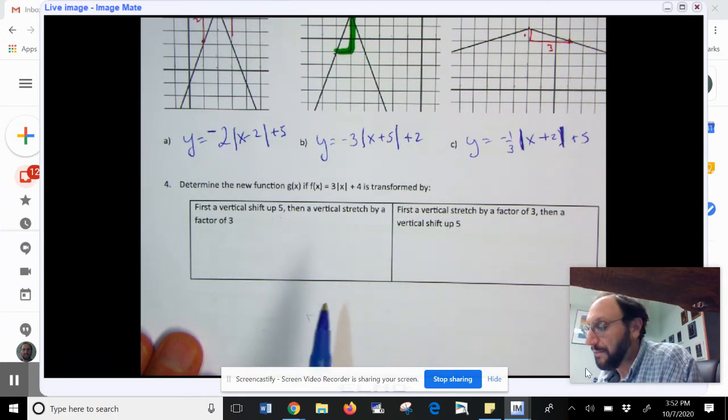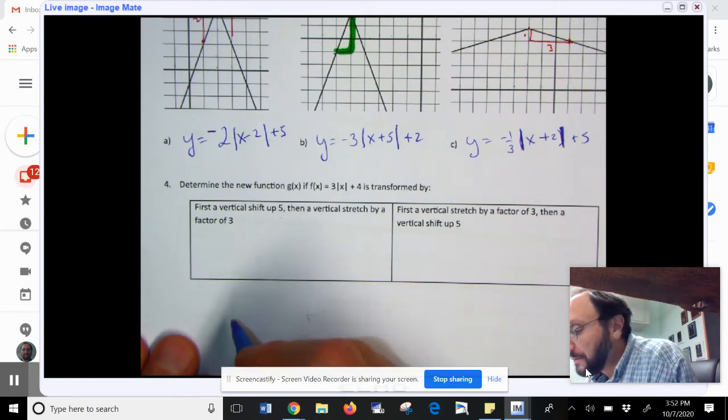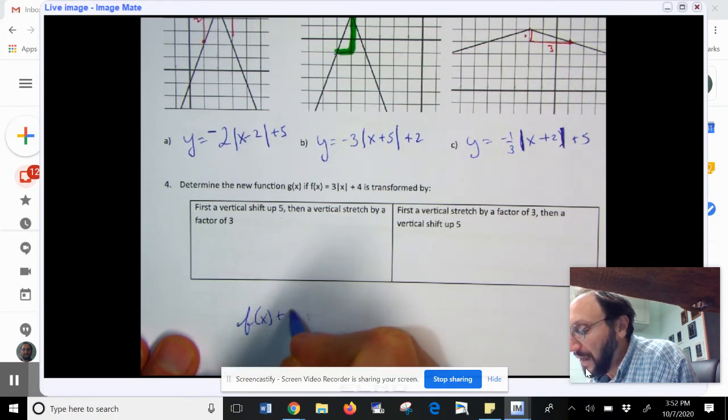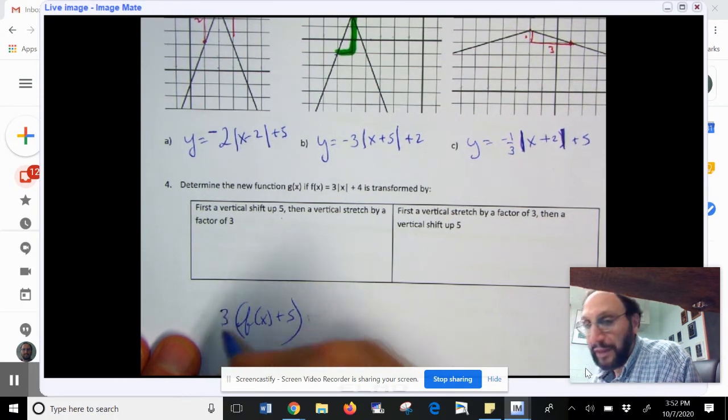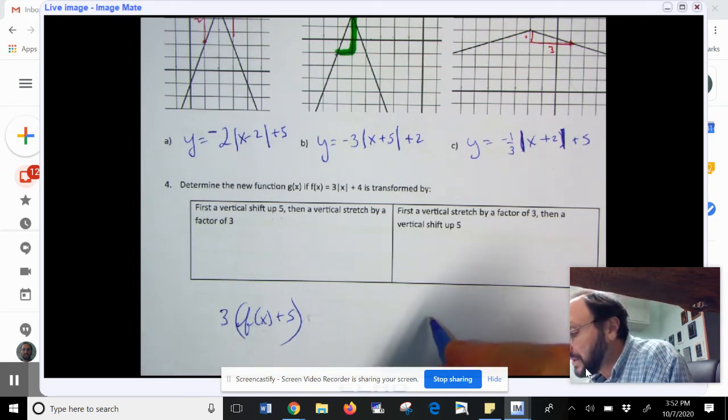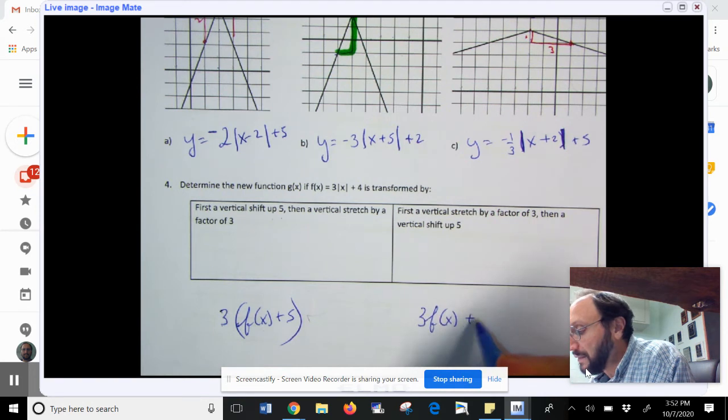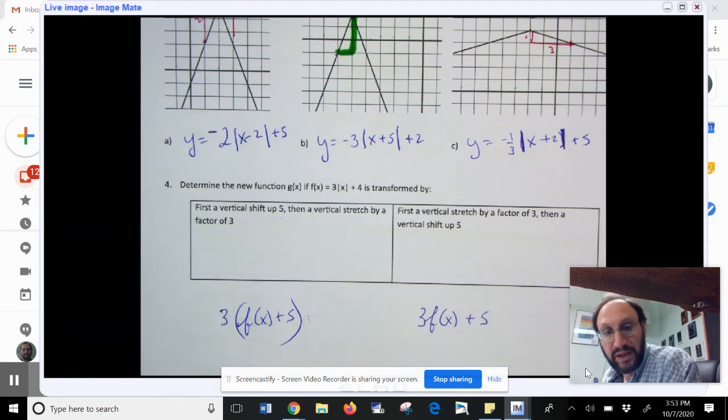So they're almost the same problem. The first one is going to be a vertical shift up by 5, then multiply the whole thing by 3, versus the other one, which is first the vertical stretch and then it's up 5 afterwards. So really what's going to happen is that in the first one, the 3 is going to affect the 5, making it a 15, versus the other one is not doing that.